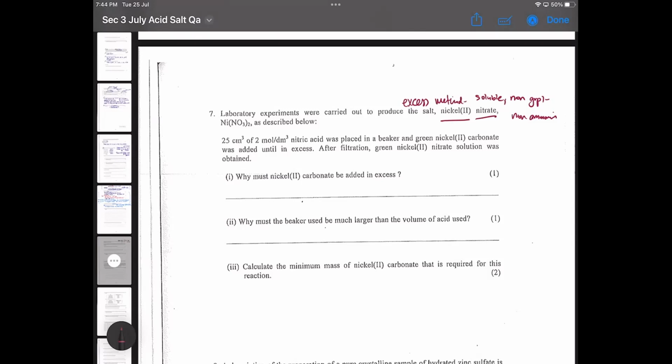Okay, so over here, the question says, why must the nickel carbonate be added in excess? So we are using acid with nickel carbonate, and this was added in excess, just like how we were doing it. The answer is always to ensure all the acid, in this case the nitric acid, has fully reacted.